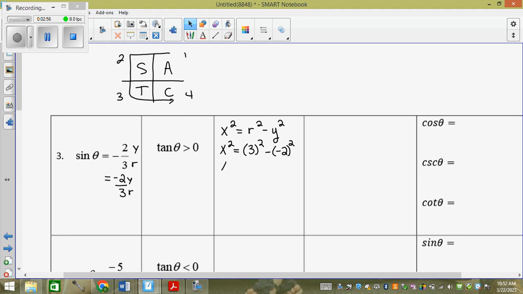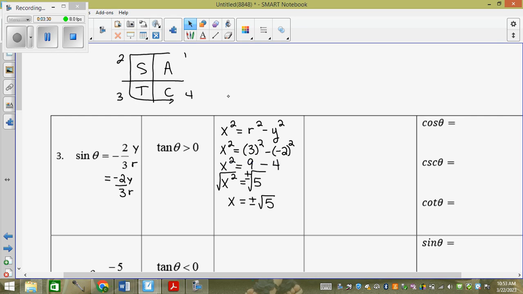So we get x squared equals 9 minus, what's negative 2 squared? 4. Because when you take a negative and you square it, it becomes positive. And then x squared equals 5. When I take the square root, I get plus or minus root 5.